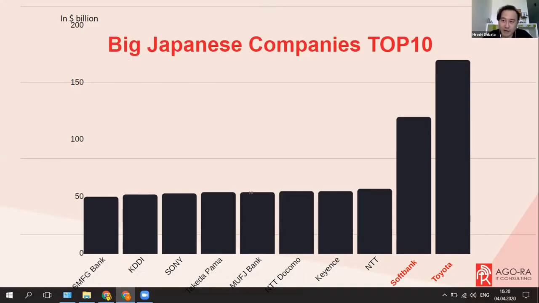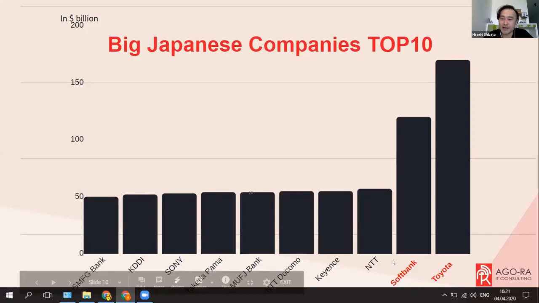We have a lot of other car manufacturers. I think the advantage of the Japanese market is that it consists of many different businesses, and the market itself is big as well. So it has huge potential if you start looking into this market.